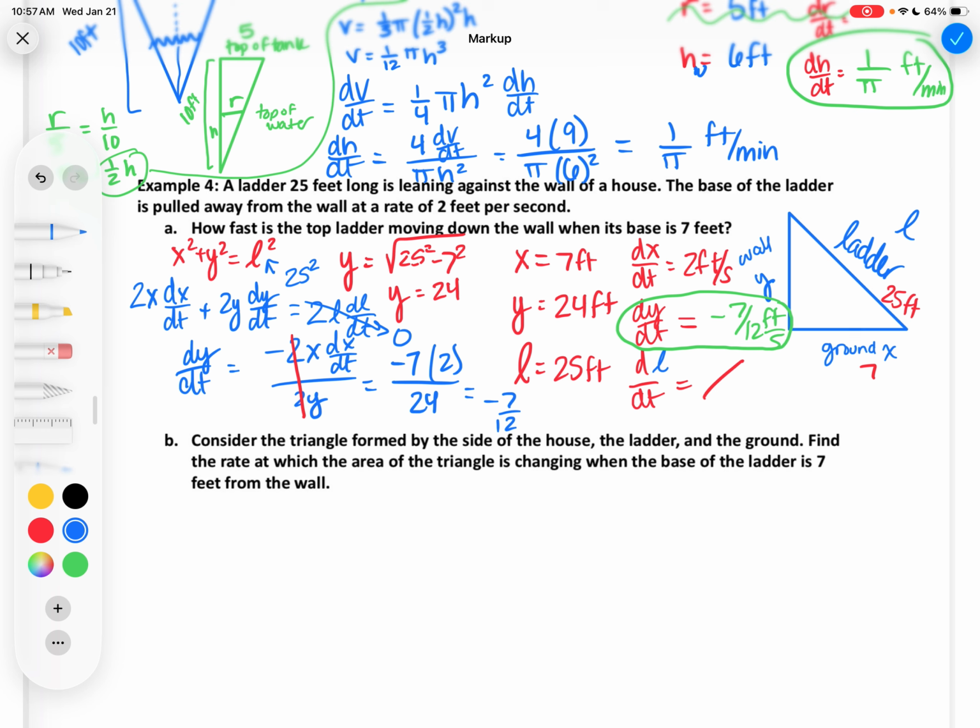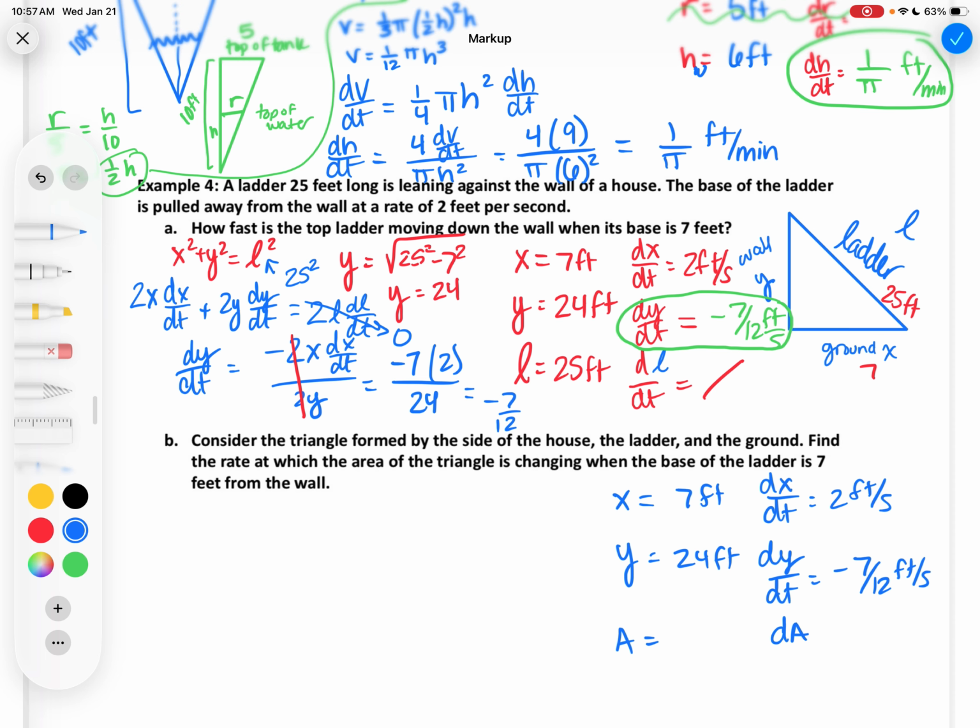So I'm going to go ahead and copy down the stuff that I had because now I need area as well. And then let's see, dA/dt.